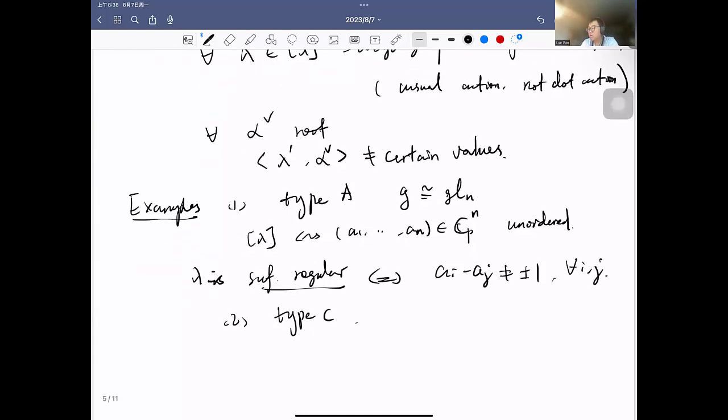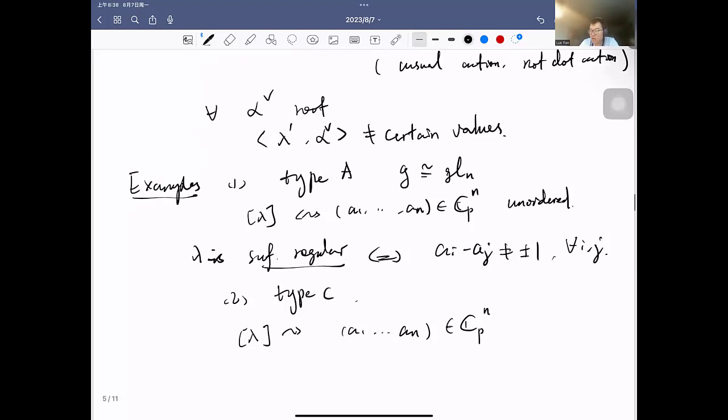And for type C, lambda is again given by n numbers, and you can permute them and change the sign of each ai.